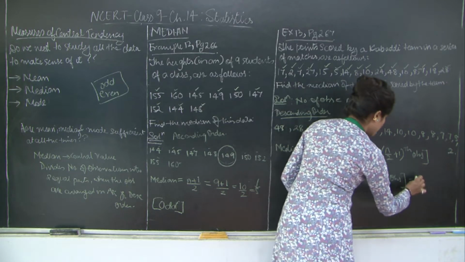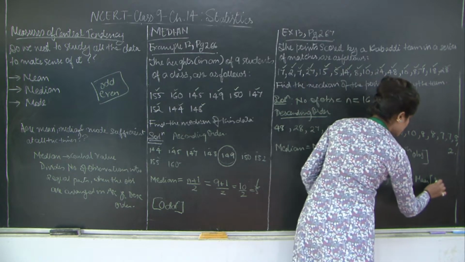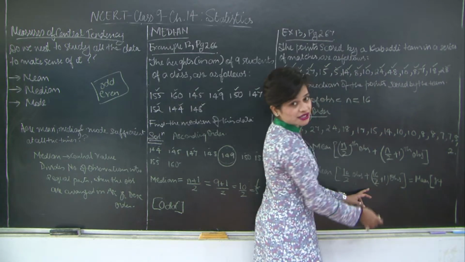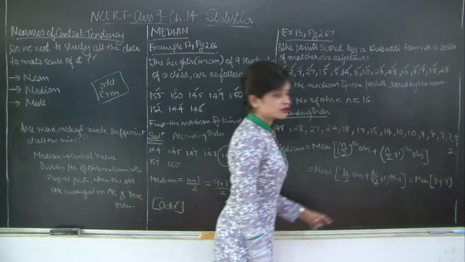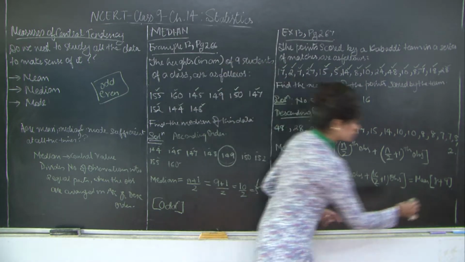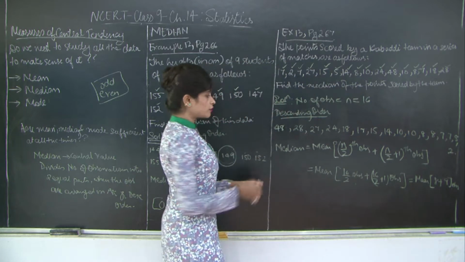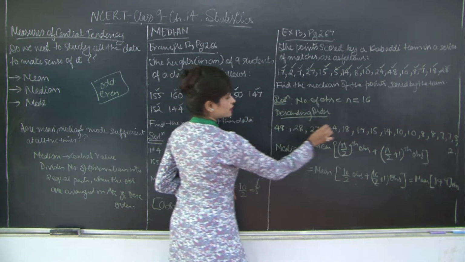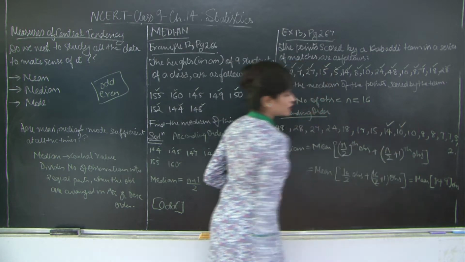So this is going to be the mean of the 8th observation plus 16 upon 2 is 8, plus 1 is 9. So the mean of the 8th observation and the 9th observation. So which is the 8th and 9th observation? Let's check. 1, 2, 3, 4, 5, 6, 7, 8. So this is your 8th observation and this is your 9th observation.